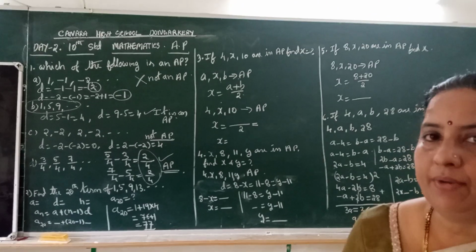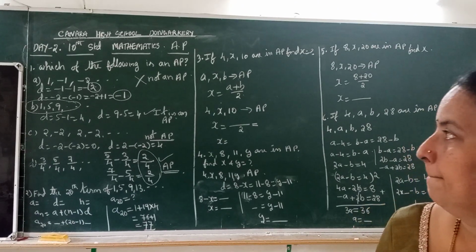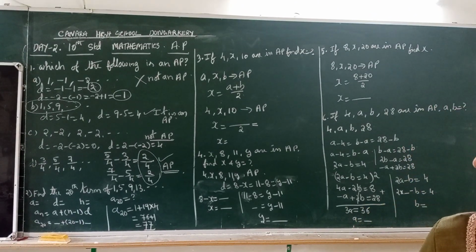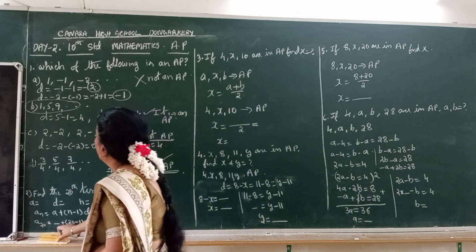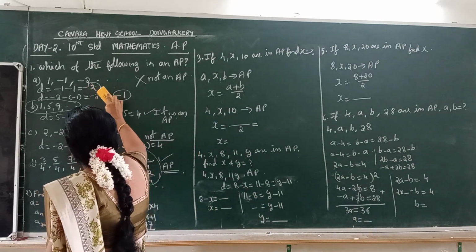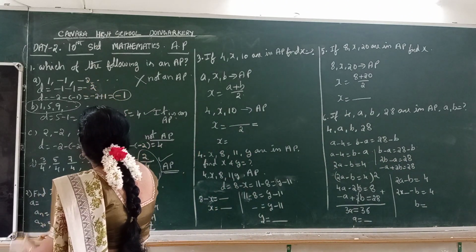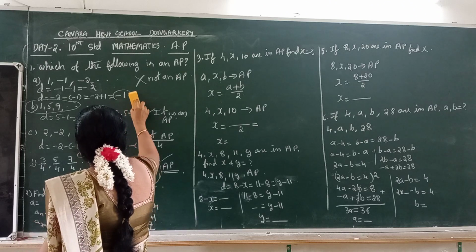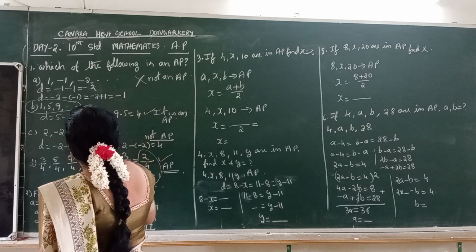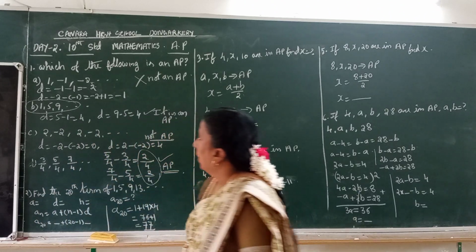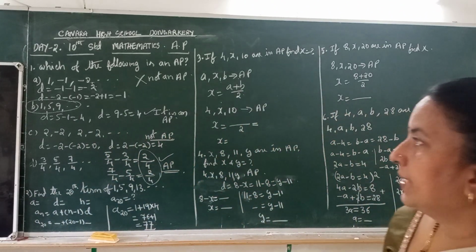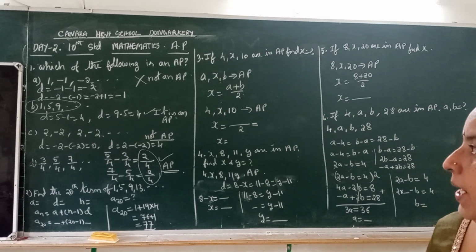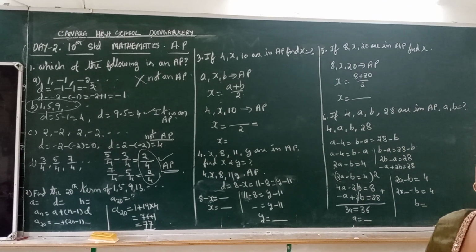1, -1, -2 and so on. Write common difference. -1 minus of -1, answer is -2. -2 minus of -1, answer is -2 plus 1, answer is -1. d comes different.